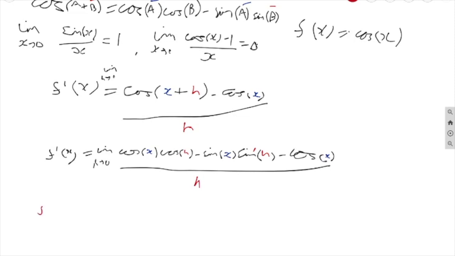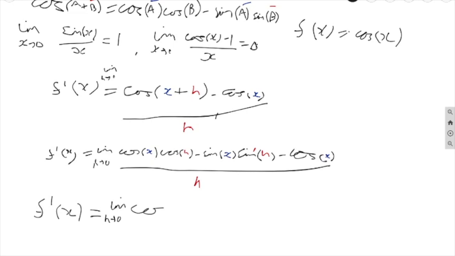We're going to say f prime of x equals the limit as h tends to 0 of, we have a cos x here and a cos x here, so those are the two things I'm going to factorize together.